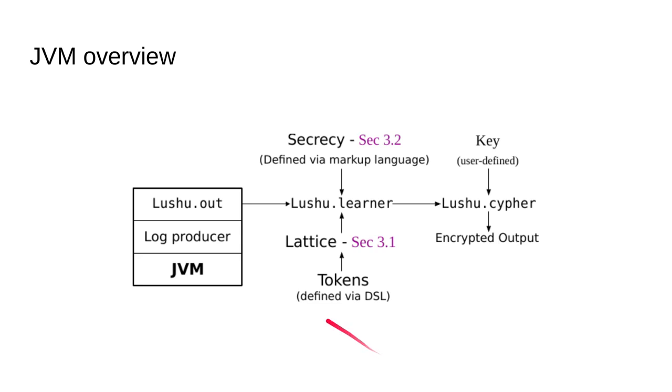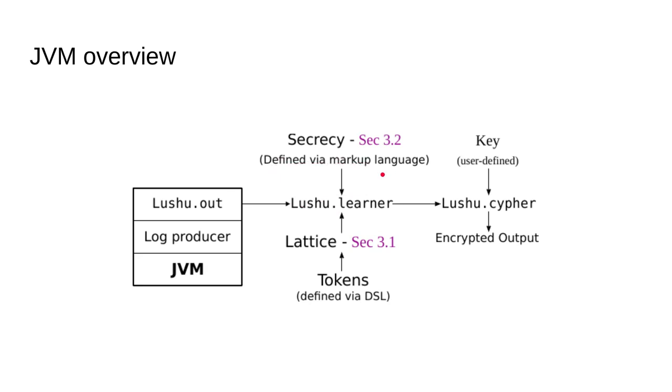We do this by intercepting output calls to system.out in the JVM, the Java Virtual Machine. Those logs are intercepted and go to the Lushu learner, which learns a grammar. There are two other inputs that need to go to the Lushu learner, not only the log, but also user inputs.